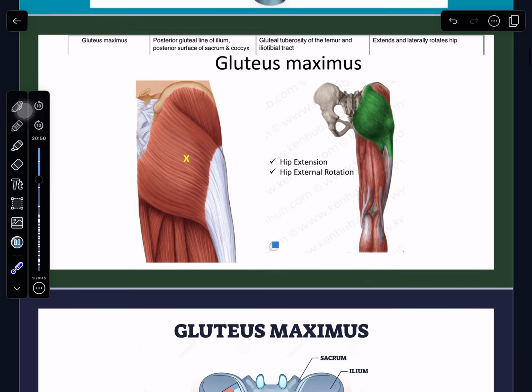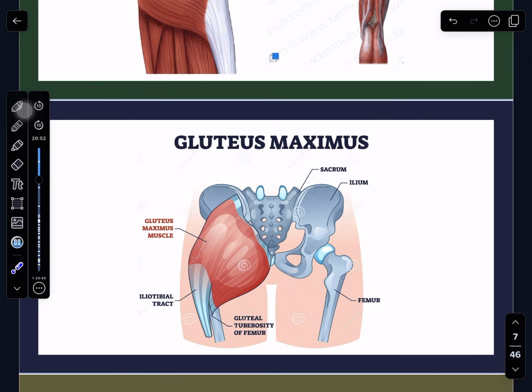So if you think about why this muscle contracting will cause external or lateral rotation of the hip, just think about where it is on the bone. Where is it attaching onto the femur? It's kind of wrapping around a little bit, and that means if that string gets shorter, if you think of the muscle as a string that's getting shorter, it's going to pull the side of the femur more toward the back.